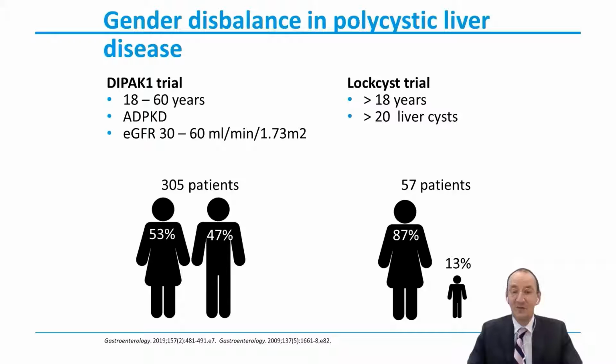On the other hand, if you focus on the patients who come into your clinic with severe symptoms of polycystic liver disease, the majority of these patients will be female.